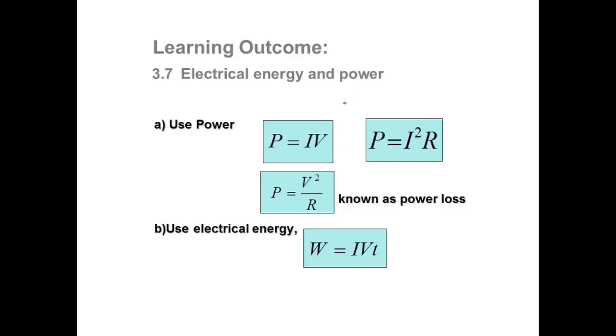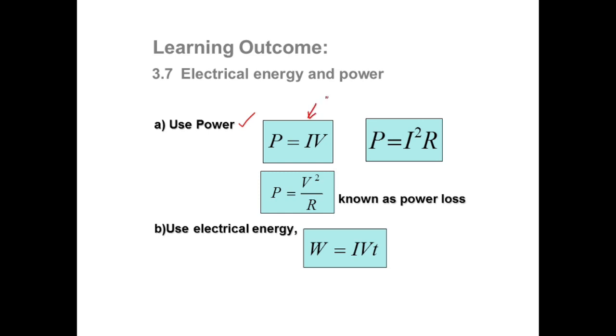Okay, in subtopic 3.7, electrical energy and power, we will learn two different physical quantities. The first one is electrical power, with the formula P equal to IV, the product of current and voltage.